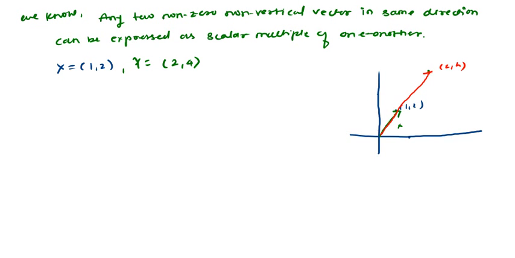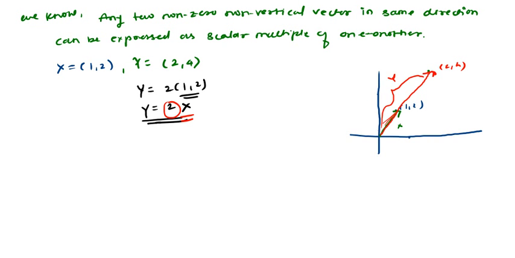If you observe here, these vectors are non-vertical and in the same direction. This means that the vector y is a scalar multiple of the vector x. You can see this here: I can write the vector y equal to 2 into 1 comma 2, and this is nothing but x, so y is a scalar multiple of the vector x.